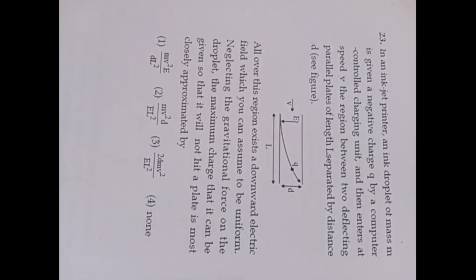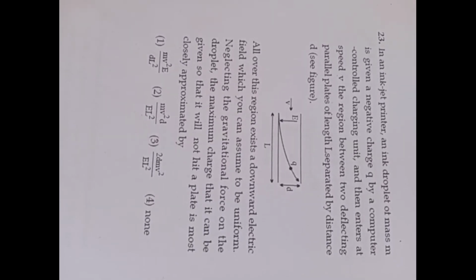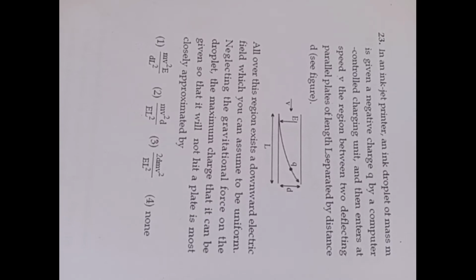See the problem. In an inkjet printer, an ink droplet of mass m is given a negative charge q by a computer controlled unit and then enters at a speed v the region between two deflecting parallel plates of length capital L separated by a distance d. See the figure.